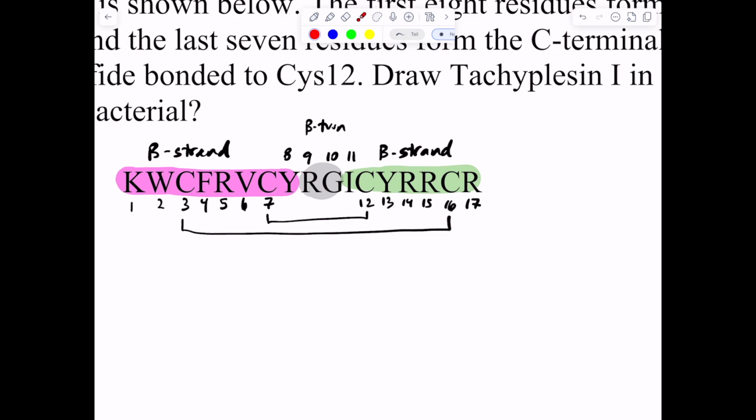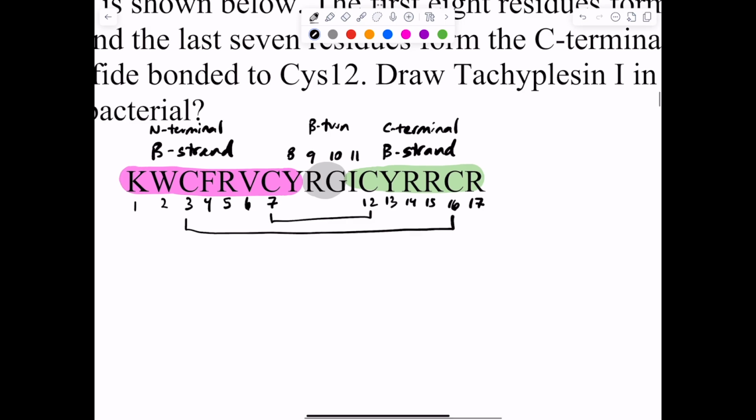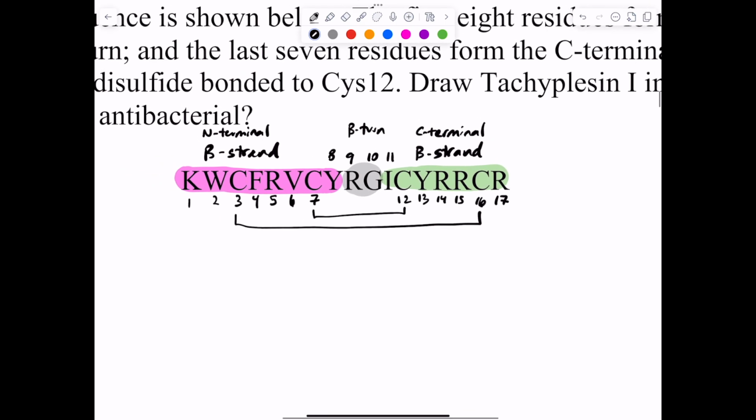One last interesting thing is that the C-terminal beta strand, meaning the beta strand on the C-terminal side of this peptide, is a little bit shorter than the N-terminal strand. So there's going to be a little bit of overhang on the N-terminal side.